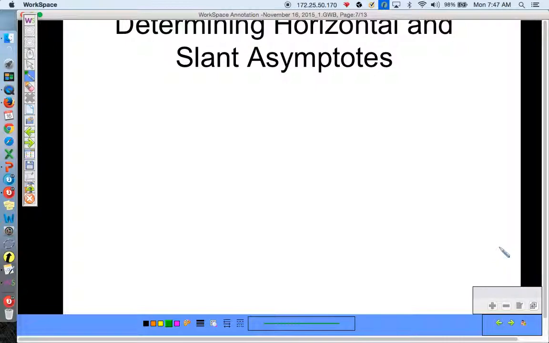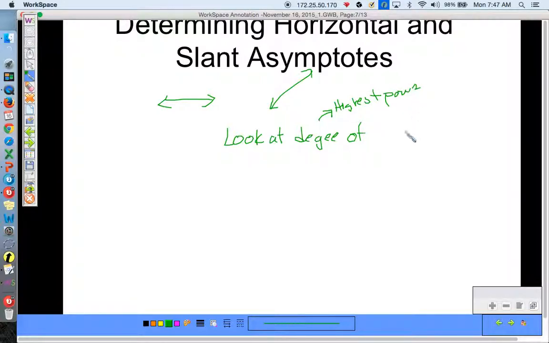Now, slant and horizontal, we talked about this yesterday briefly. So we might have a horizontal or we might have a slant, meaning it's at an angle. And we have to look at the degree, which is the highest power of the numerator and denominator. If the numerator degree is less than the denominator, it's a horizontal at y equals 0.